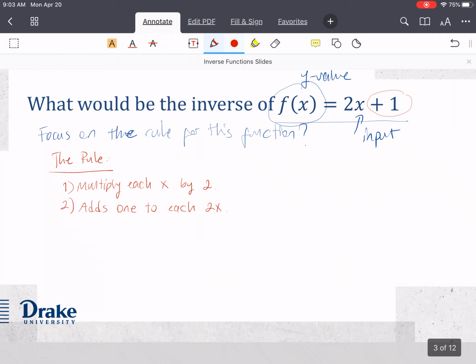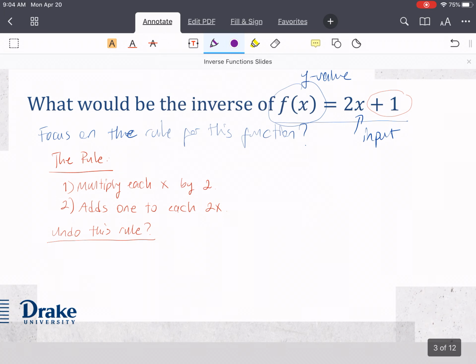Okay, that's great. So then if I were to ask you, how do we find the reverse operation? How do we undo this function or this rule, right? If I ask you that, then because we're going in the reverse order, the last thing you did for the rule becomes the first thing you do.